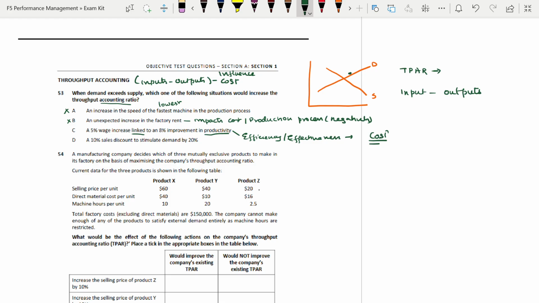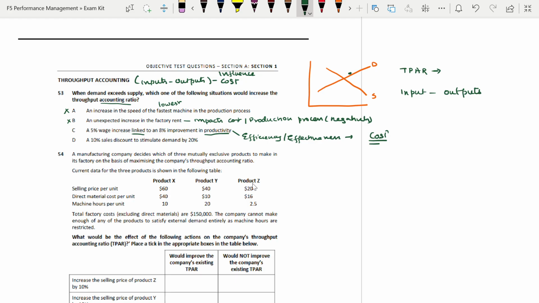Now what's happening? I think you are a manager, you are increasing the wage rate by 5%. What will happen? It will increase the productivity.